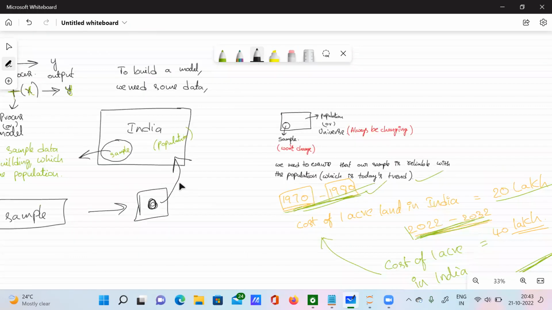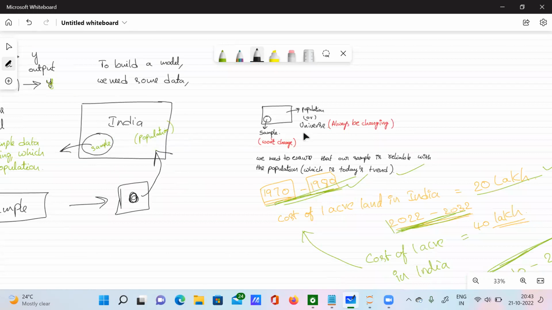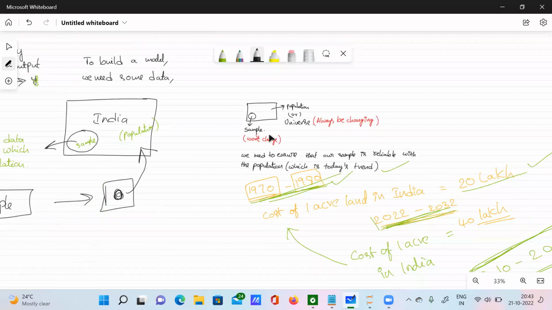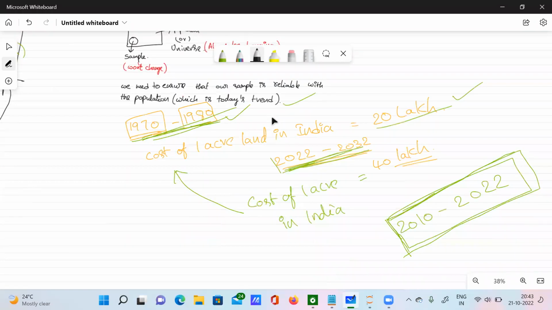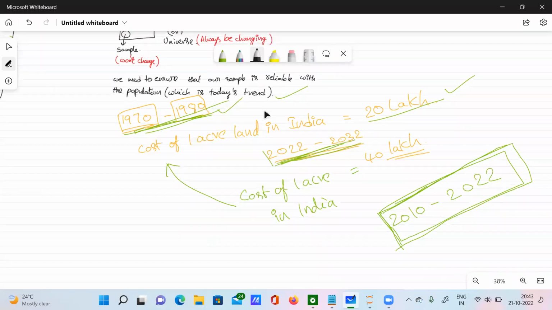Using the sample data, you can build any kind of model, but you need to ensure that our model is reliable with today's trend or not. For this particular topic, I have already explained an example. This is the past data, which is almost outdated, and now using this outdated data, we are predicting house prices.